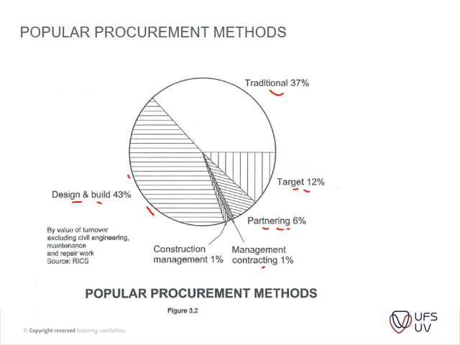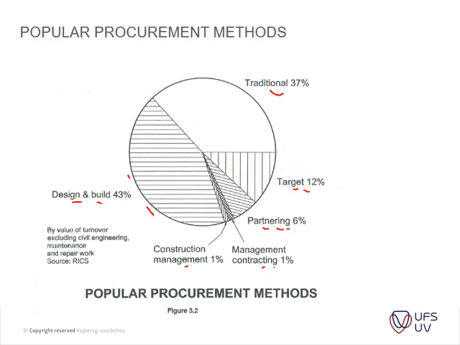Very similar to this design and build type of projects. And then you have construction management, where the focus falls a little bit more towards the contractor side, where the contractor is actually appointed, and then he appoints a design team that does the design on behalf of him.